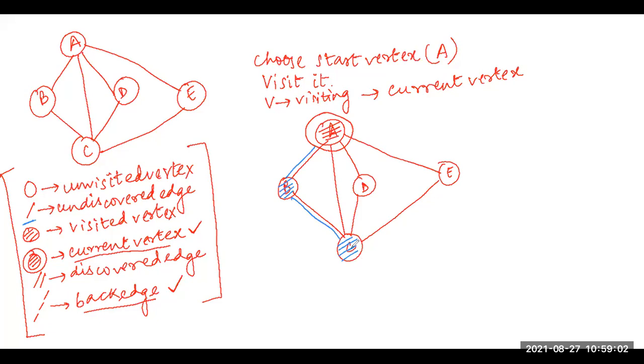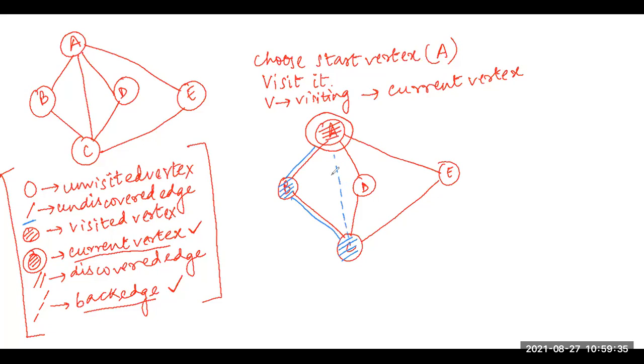Fine. From C, I can visit A, I can visit D, I can visit E. So from C, I see that if I want to visit A, this is already a visited vertex. So I will change this edge to be a back edge.